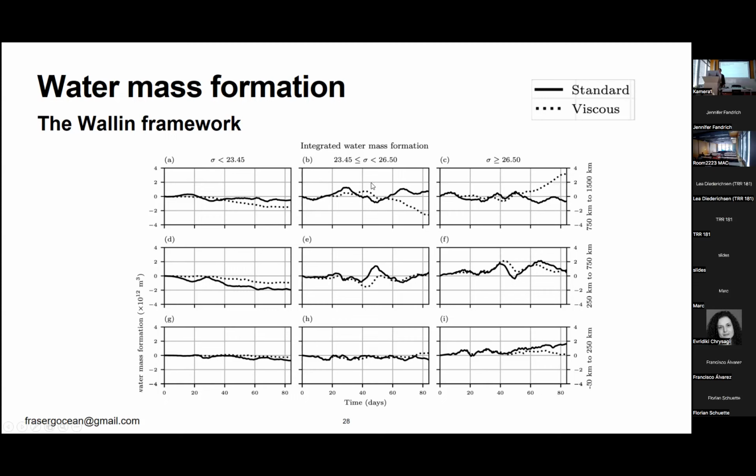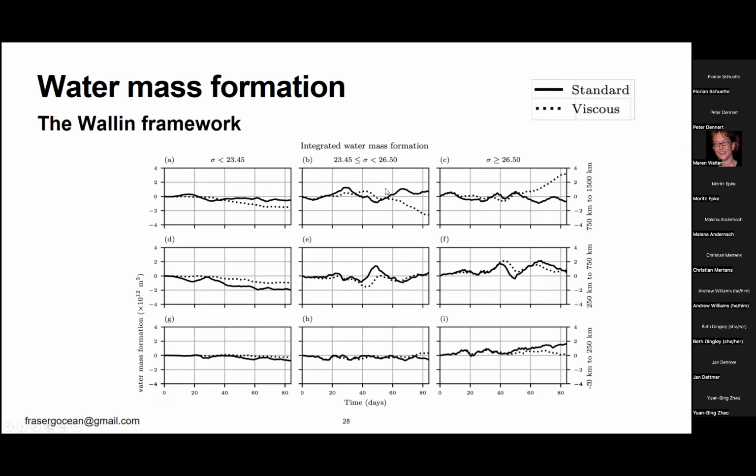I think we've shown that the excitement of symmetric instability is almost certainly there, but we need better models to be able to get it right. And symmetric instability of this type is something which I think would be useful to parameterize, perhaps.